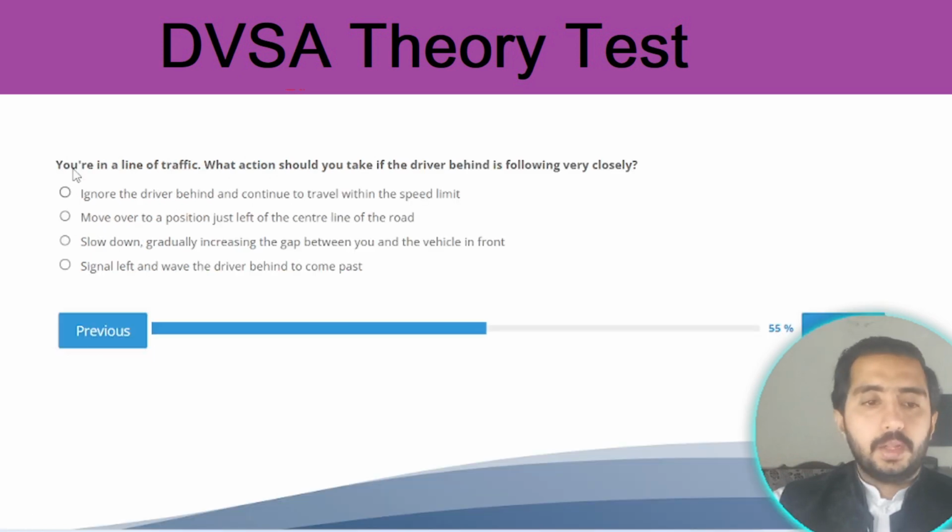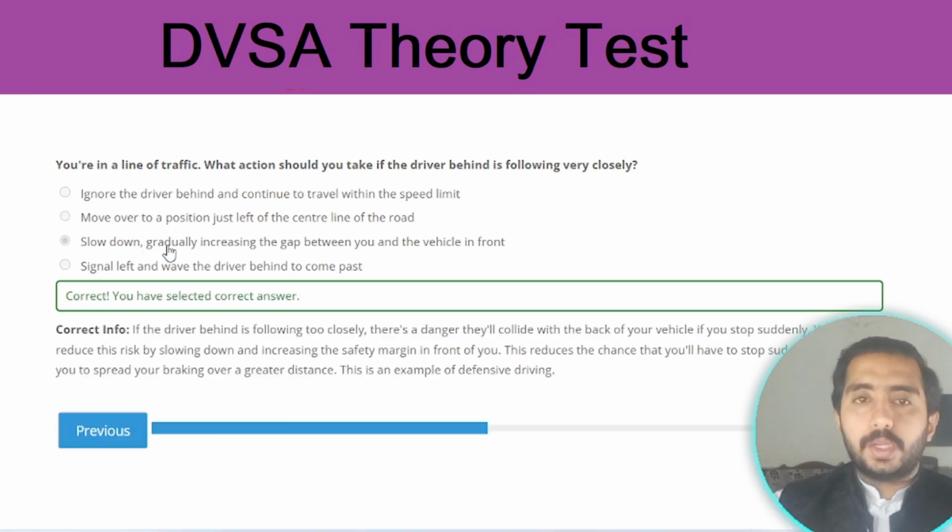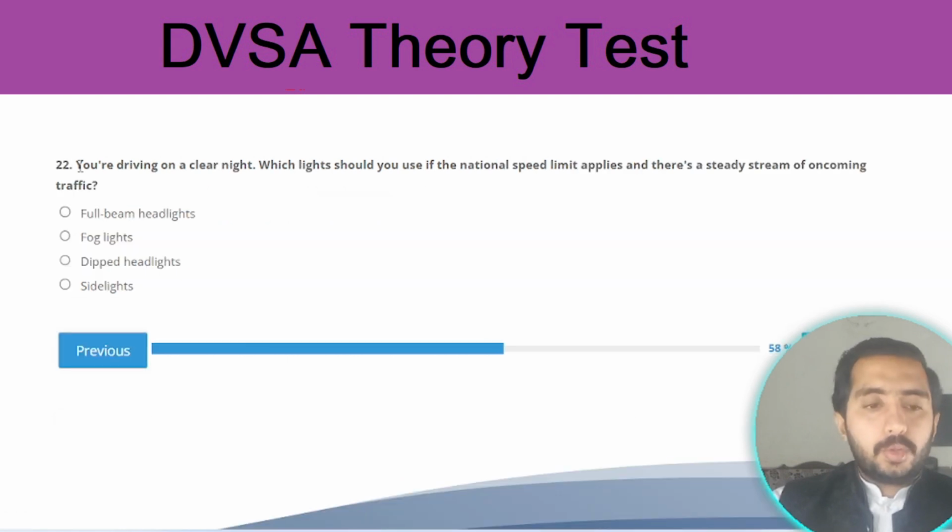Next question. You are in a line of traffic. What action should you take if the driver behind is following very closely? The correct option is slow down and gradually increase the gap between you and the vehicle in front. Option C is the correct one. Next question. Question number 22.